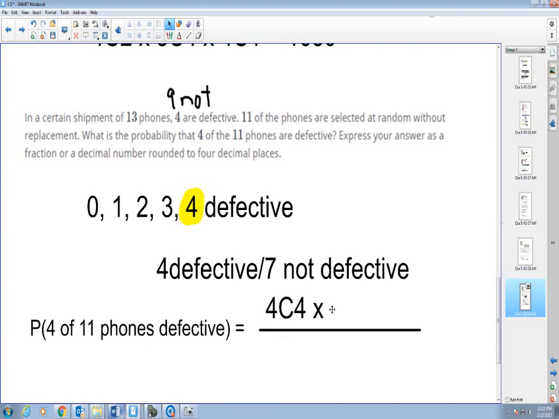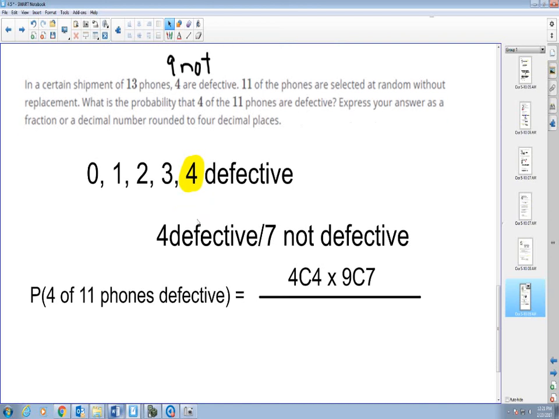So I have 9 phones that are not defective, choosing 7 of them for this scenario. That would be how many ways to choose 4 defective phones.